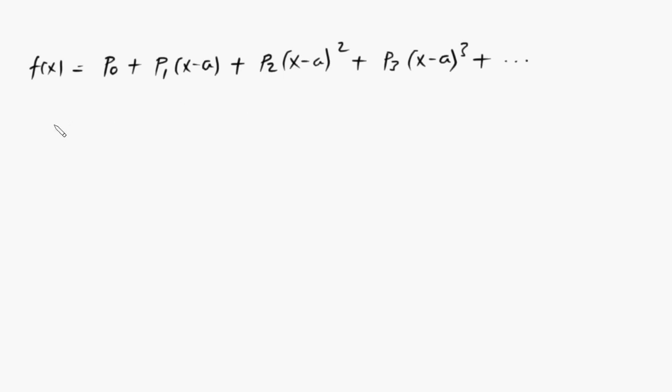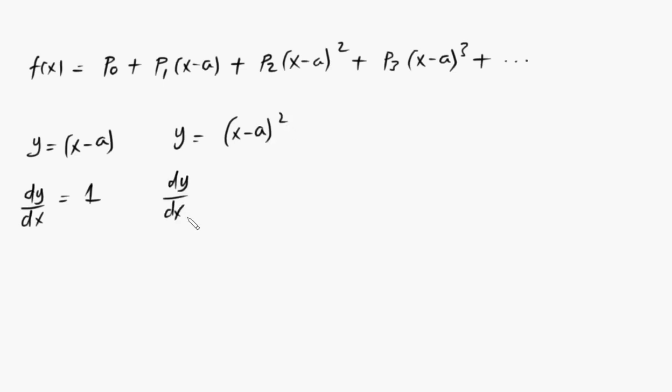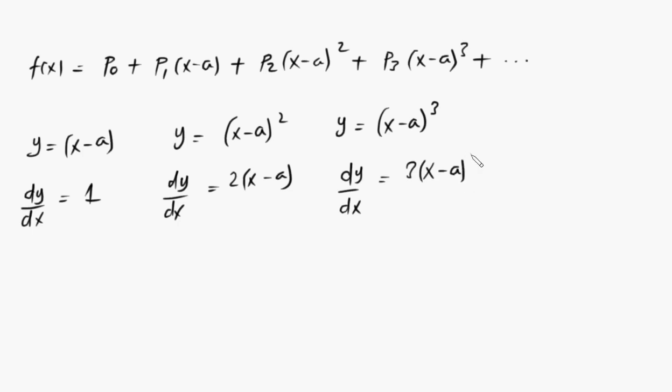Before I move on, note that when y is equal to x minus a, if I differentiate y, I get 1. When y is equal to (x minus a) squared, I get 2(x minus a). When y is equal to (x minus a) to the power 3, I get 3(x minus a) squared.